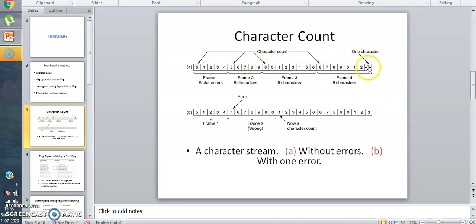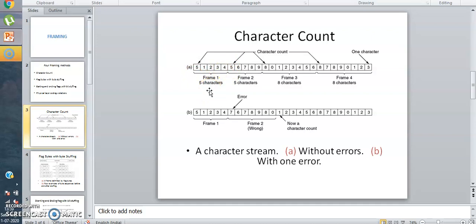We can say this is 1 character. So we can call this frame 1, which contains 5 characters. See, if you look at this, 1, 2, 3, 4 and 5, up to here is frame 1, which contains 5 characters.